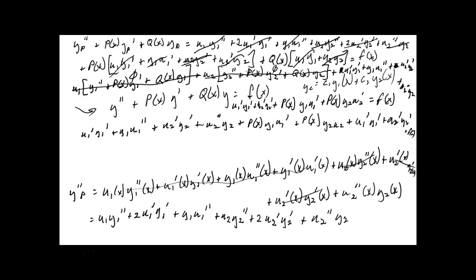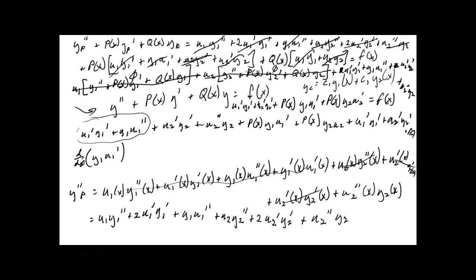Now, for some reason they do this. They say, no, this thing right here, these 2 terms, isn't that the derivative d by dx of y1 u1 prime? It is, isn't it? That'd be y1 prime u1 prime plus y1 times u1 double prime.